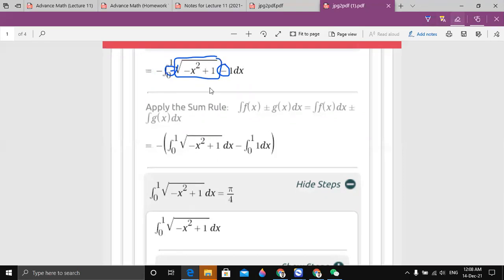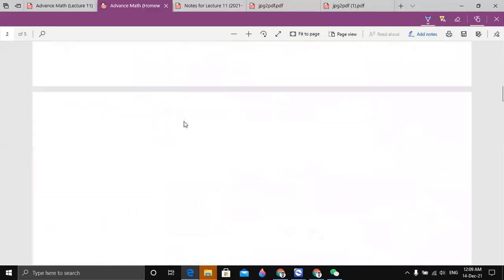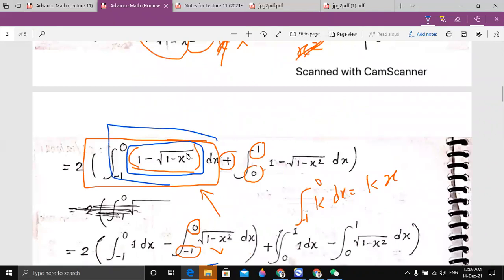So they are the same. If you just take this minus here, it will become plus and it will become minus, similar to here.